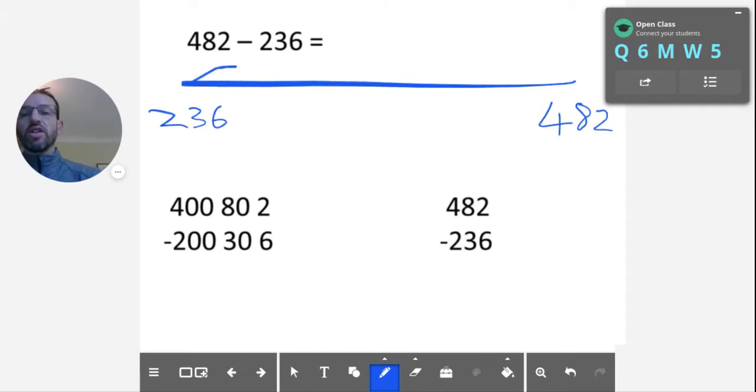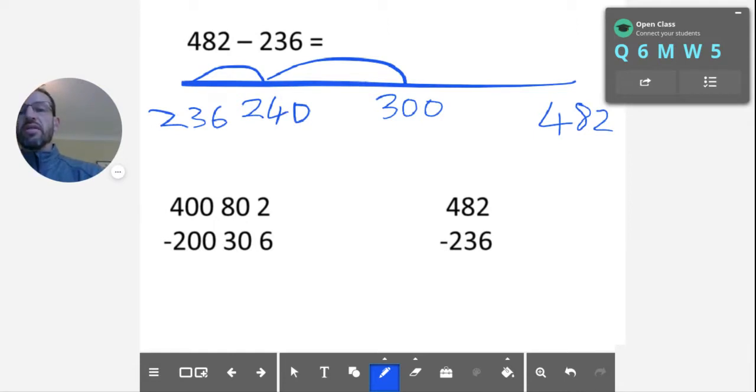First jump is going to be 4, and that's going to get me to 240. Next jump is going to be 60. That's going to get me to 300.